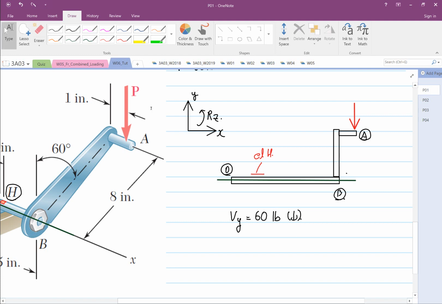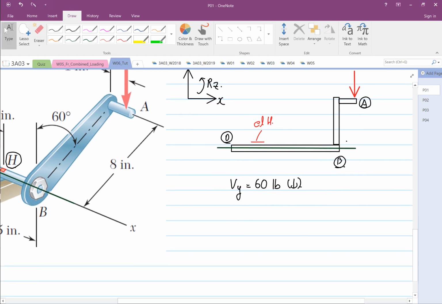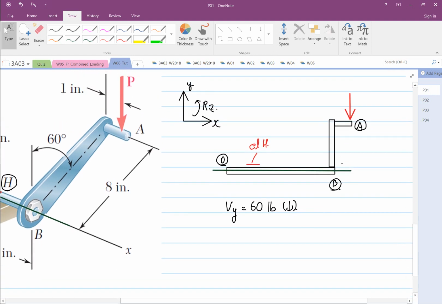And this 60 pounds is going to generate a moment in the z-axis.